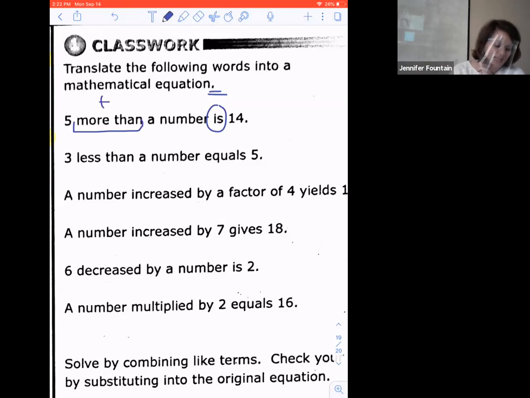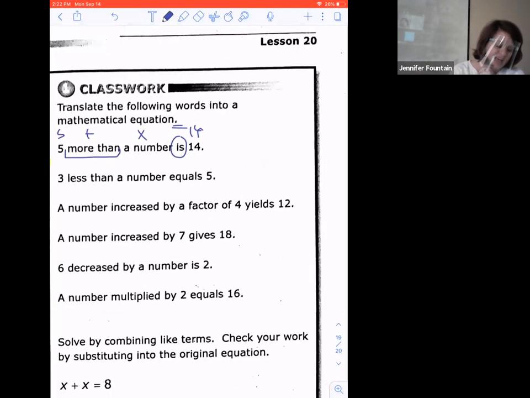So I'm going to add, and we said that we can let number be x, and 5 is 5, and 14 is 14. So on this one, we have 5 plus x equals 14. Because addition is commutative, I could either put x plus 5 is 14 or 5 plus x is 14.